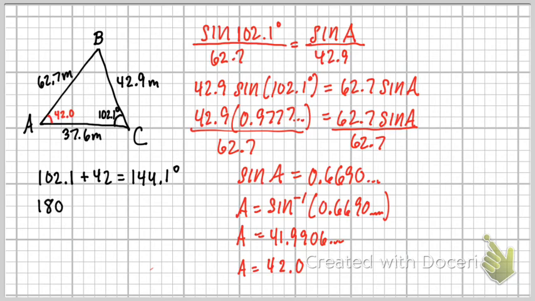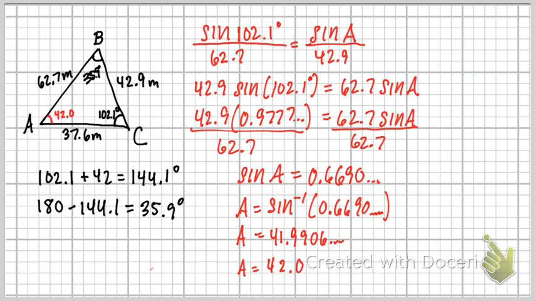So then I do 180 minus 144.1, and that would give me 35.9 degrees. So right away I get that third angle for angle B. So that's going to be that 35.9. So there we go. That's all of our angles that we need to find for this triangle.